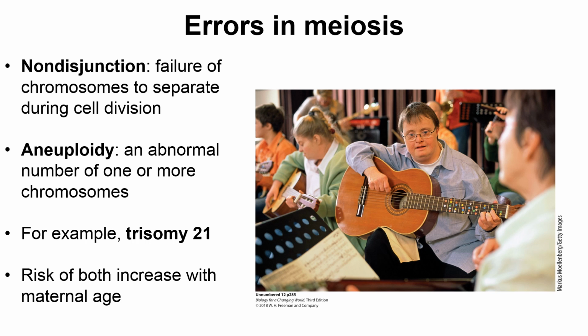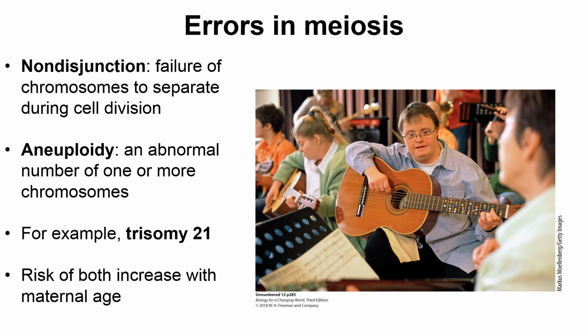The name trisomy tells you that you have 3 chromosomes, and in this case 21, we're talking about an extra copy of chromosome 21. Another name that we use for trisomy 21 is Down syndrome. However, you can also have an extra copy of chromosome 17 and an extra copy of chromosome 18, and that's going to lead to Down syndrome as well.